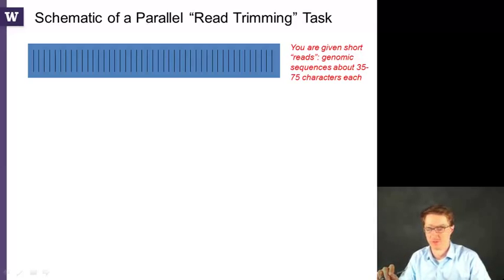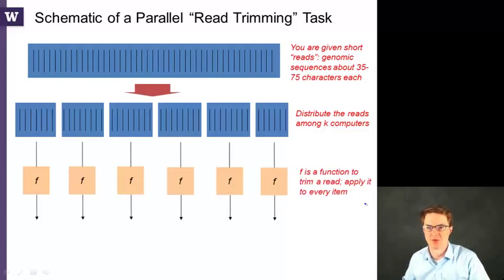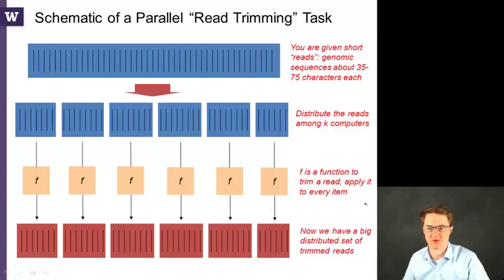You would divide the set of reads into chunks and put them all on separate computers and process them all in parallel. Here, there's a function f that takes a single read and trims off the last few characters and returns the prefix. And you can apply this function in parallel, and you can get out the data set you want, which is a set of trimmed reads.